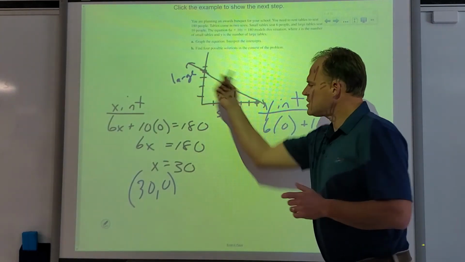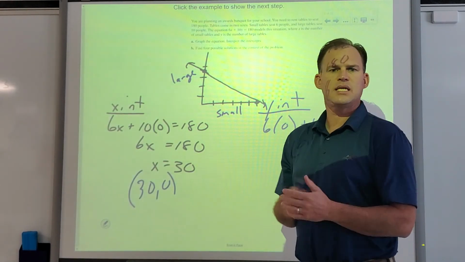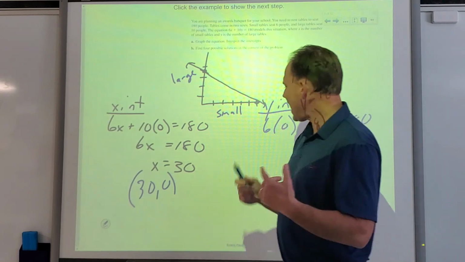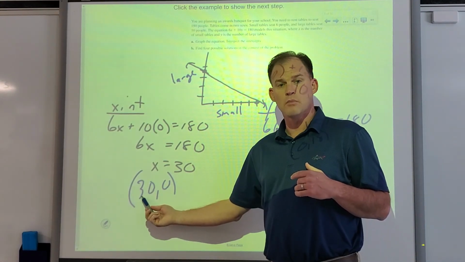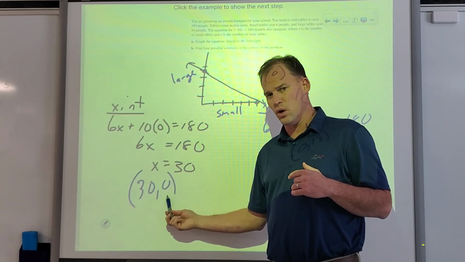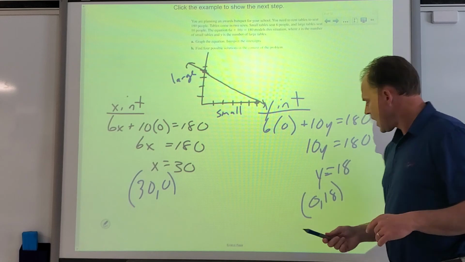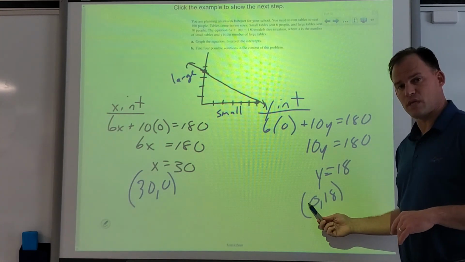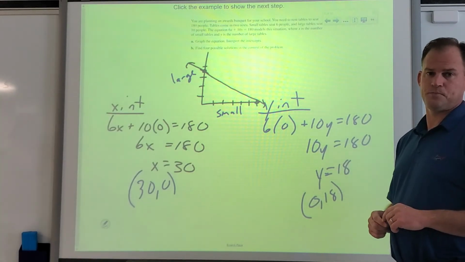So what do these numbers mean? Well, it means in order to seat all my guests, I could have 30 small tables and 0 large tables. Or I could have 0 small tables and 18 large tables.